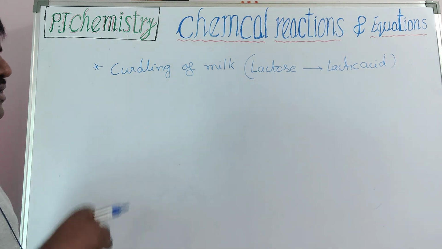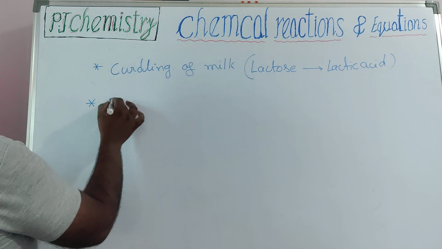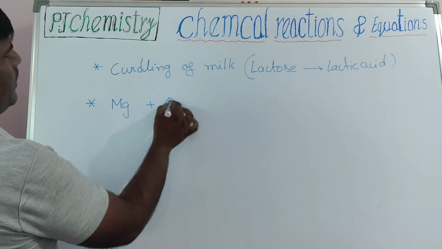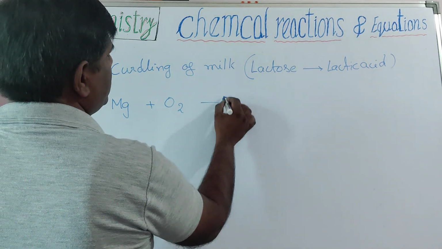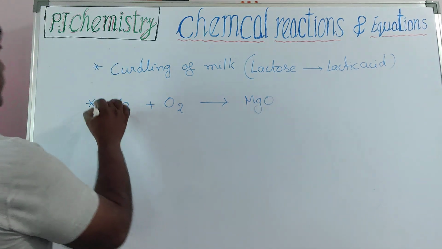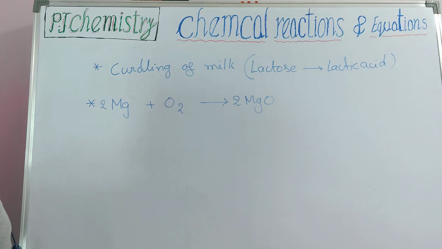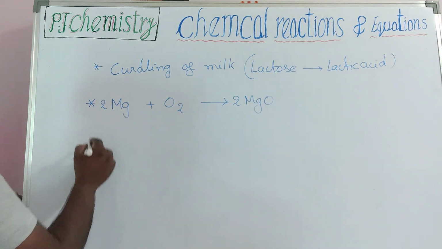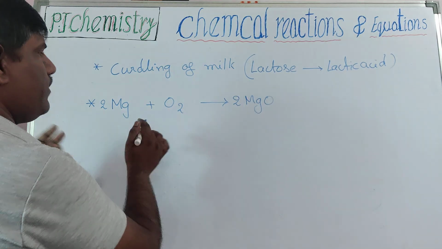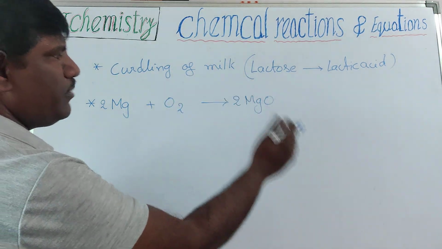Now, as per 10th class, we need to go for some important examples. Magnesium burned in the presence of oxygen forms magnesium oxide. In this equation, as we discussed, left side reactant, right side product.